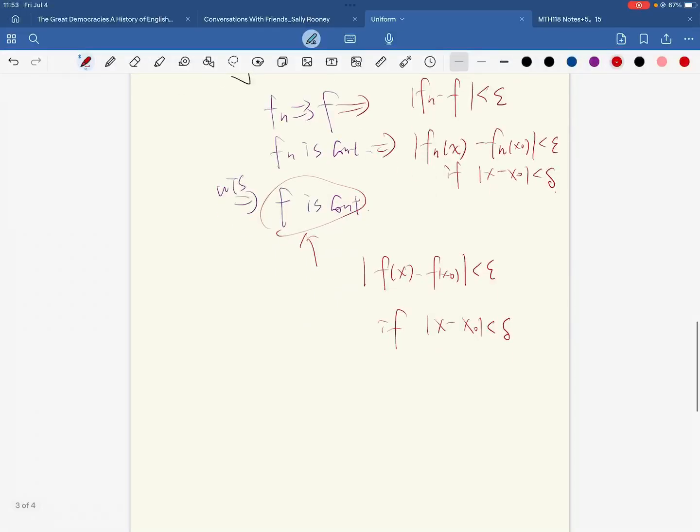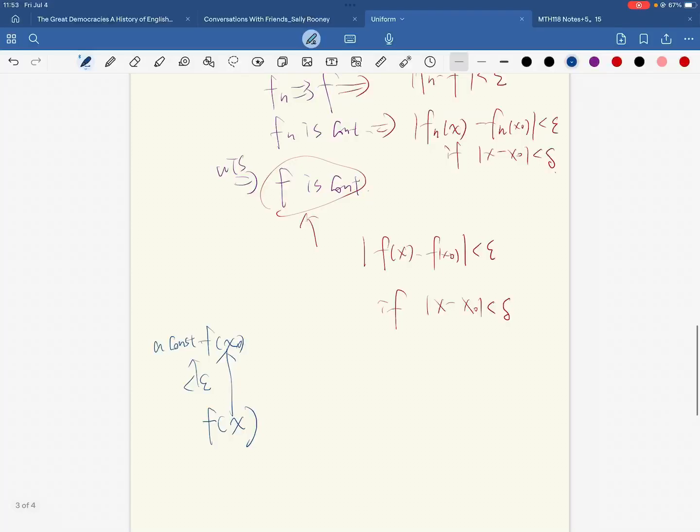so let's draw this picture. If we want to show this, we need to prove it is less than epsilon, or a constant times epsilon.